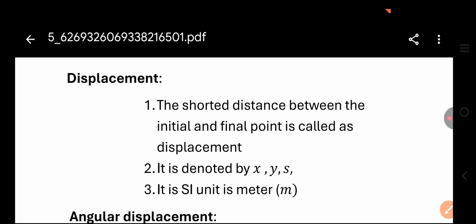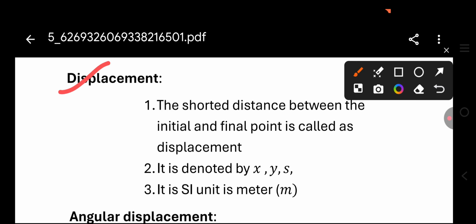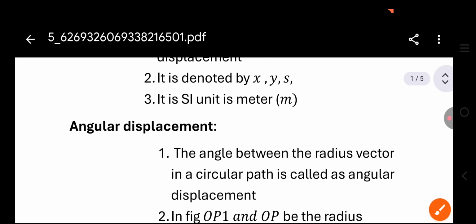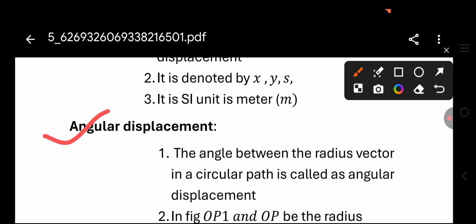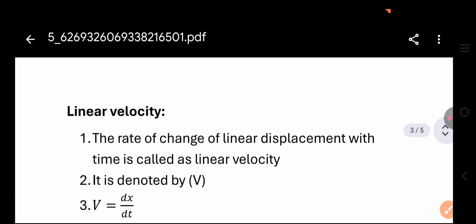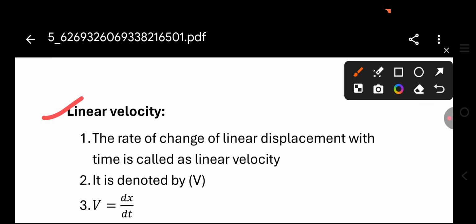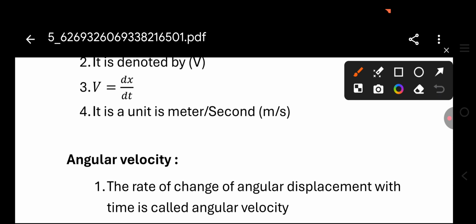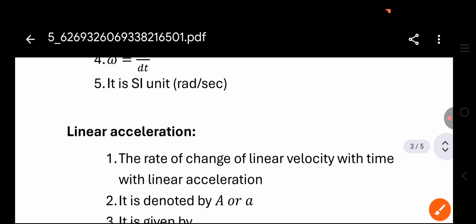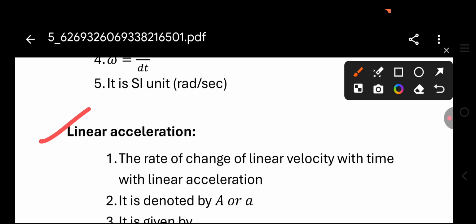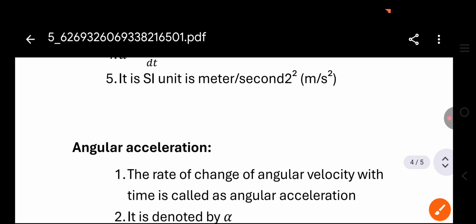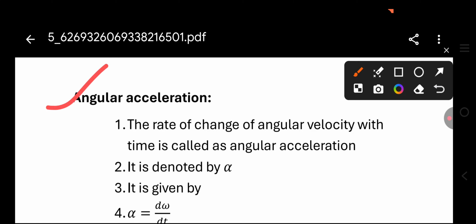Then we will see some definitions of kinematics in circular motion, such as displacement, next angular displacement, and the next linear velocity, angular velocity, linear acceleration, and the last one is angular acceleration.